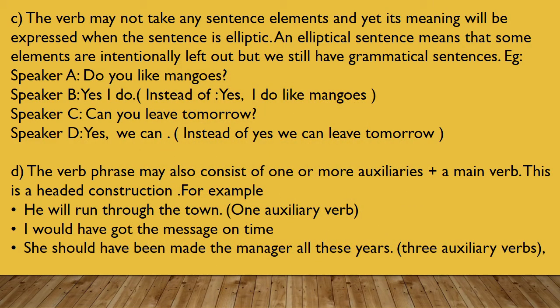C. The verb may not take any sentence elements, and yet its meaning will be expressed when the sentence is elliptic. An elliptical sentence means that some elements are intentionally left out, but we still have grammatical sentences.